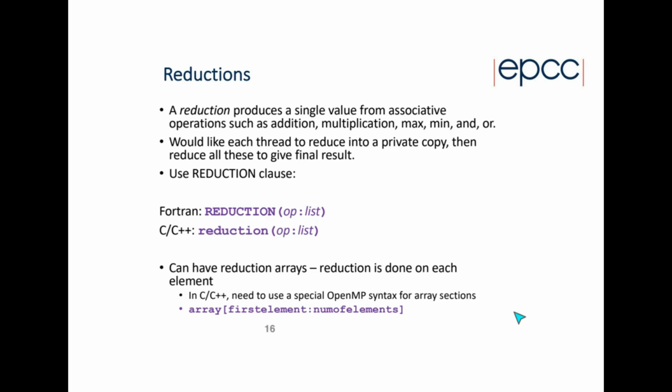And in C and C++, arrays can just be, if they're dynamically allocated, effectively just raw pointers. So the runtime has no idea how big they are, and therefore it has no idea how to create private copies or how big the private copies should be.